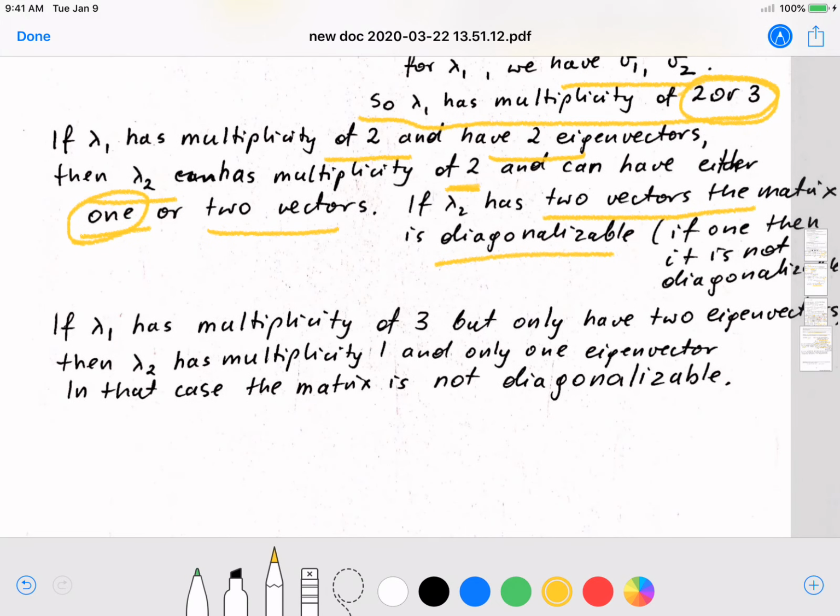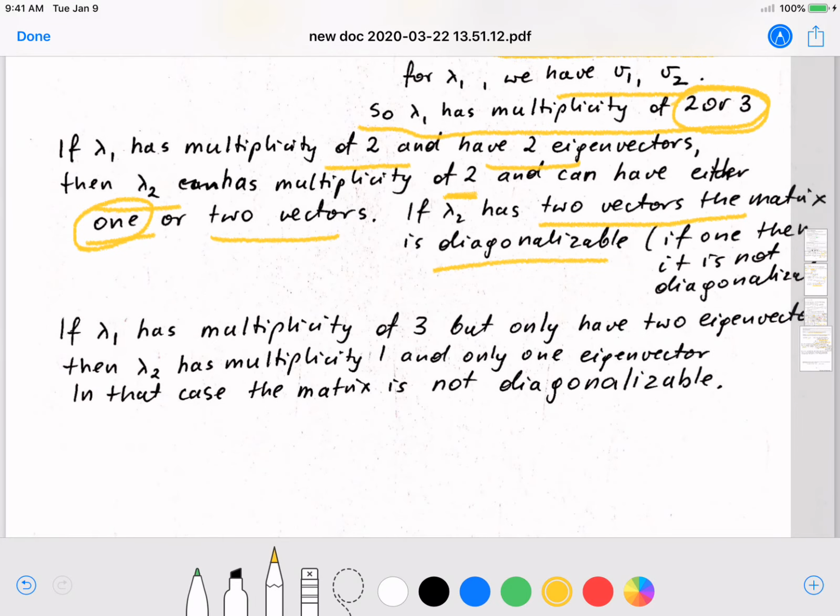Now, if my original lambda 1 has multiplicity 3, but has only 2 eigenvectors, because that's given that the eigenspace is 2, then lambda 2 has multiplicity only 1, because the total multiplicity must be no more than the size of the matrix, and only 1 eigenvector.